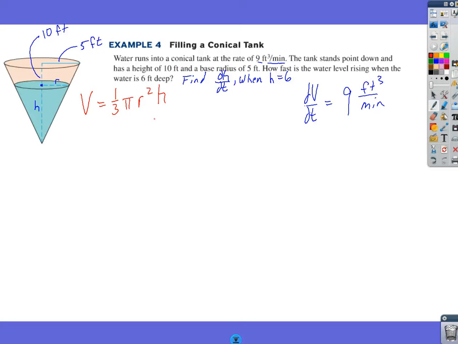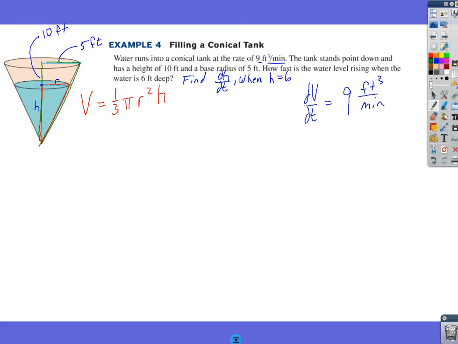And this is where we have to go back to geometry. You have to see, well, what do I have here? I have one triangle right here, and then over the top of it, I have another triangle right on top. And what I'm able to see is by angle, these are two similar triangles.